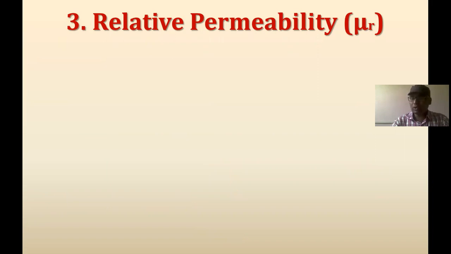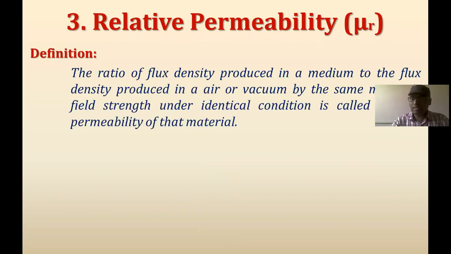Why do we say that it's a unitless quantity? Because of the definition of relative permeability: the ratio of the flux density produced in a medium other than free space, air or vacuum, to the flux density produced in air or vacuum by the same magnetic field strength under identical conditions is called the relative permeability of that material.